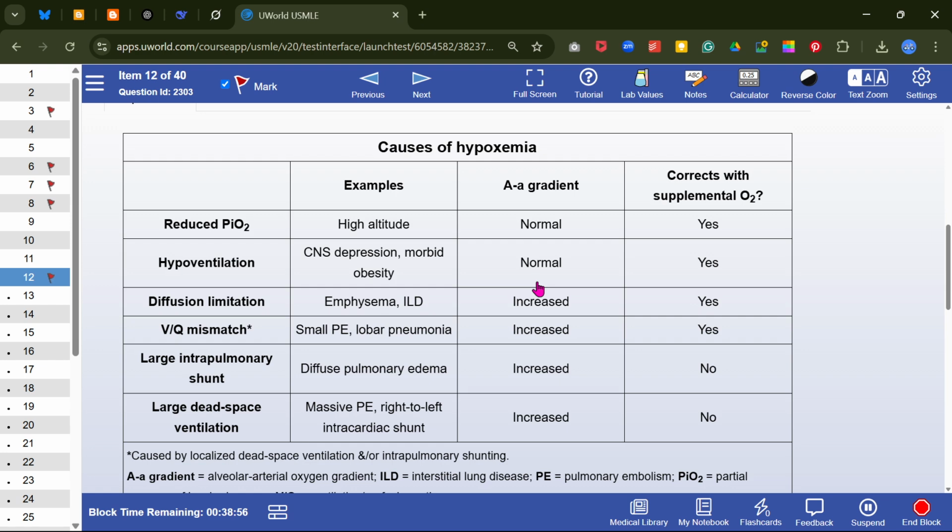And large dead space ventilation like massive pulmonary embolism, right to left intracardiac shunting, does not correct with supplemental oxygen. Okay, only VQ mismatch corrects with oxygen.